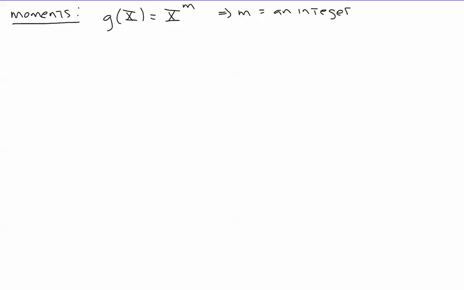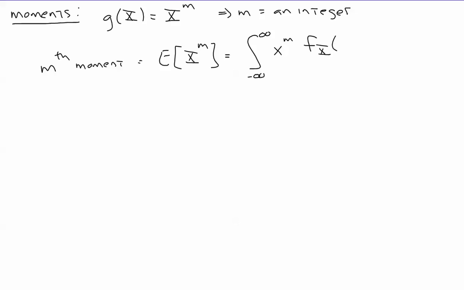The expected value then, the mth moment, is the expectation of x raised to the mth power, and that is the integral from minus infinity to plus infinity of little x raised to the mth power times the probability density function of x, integrated over all x.